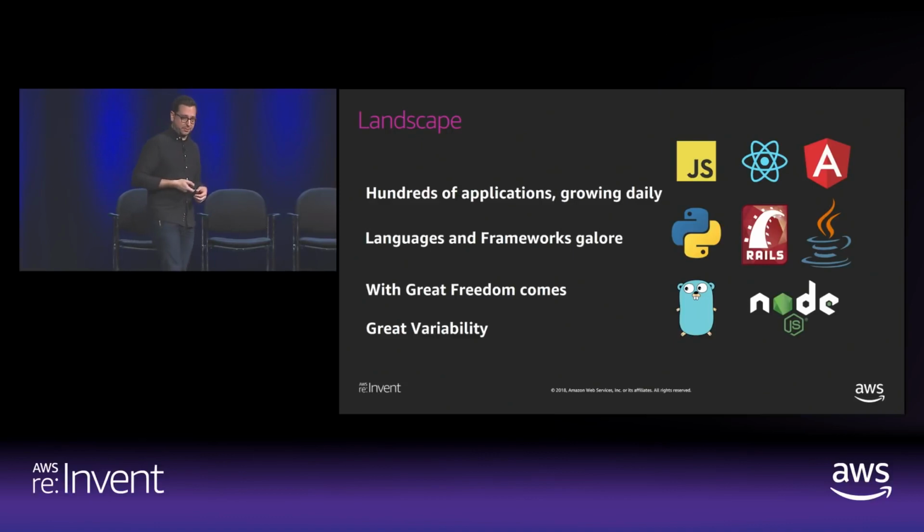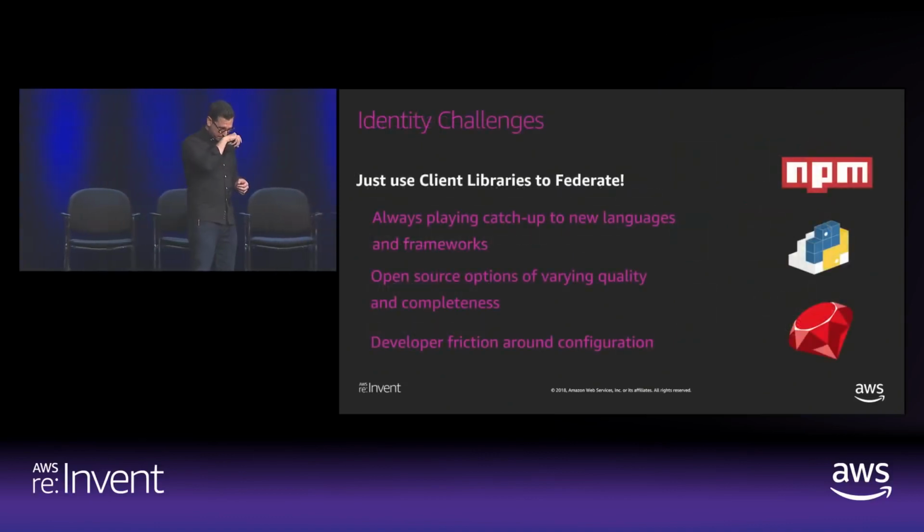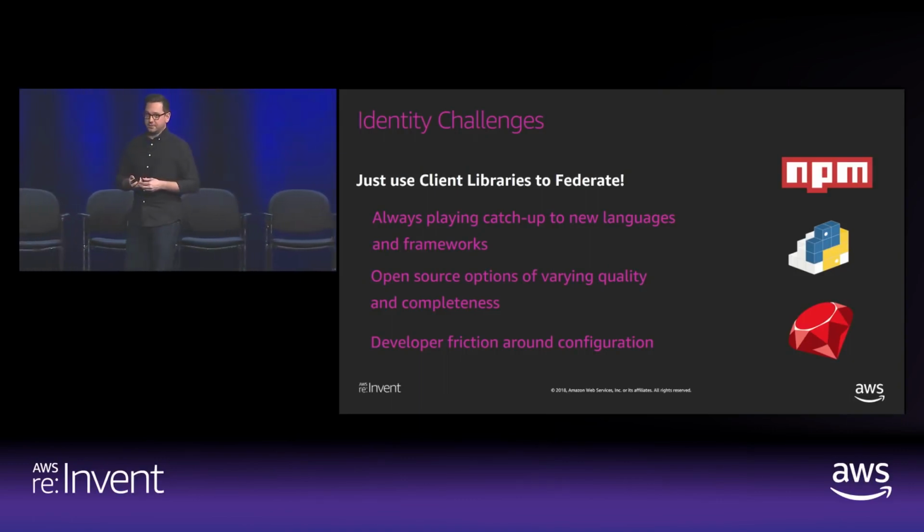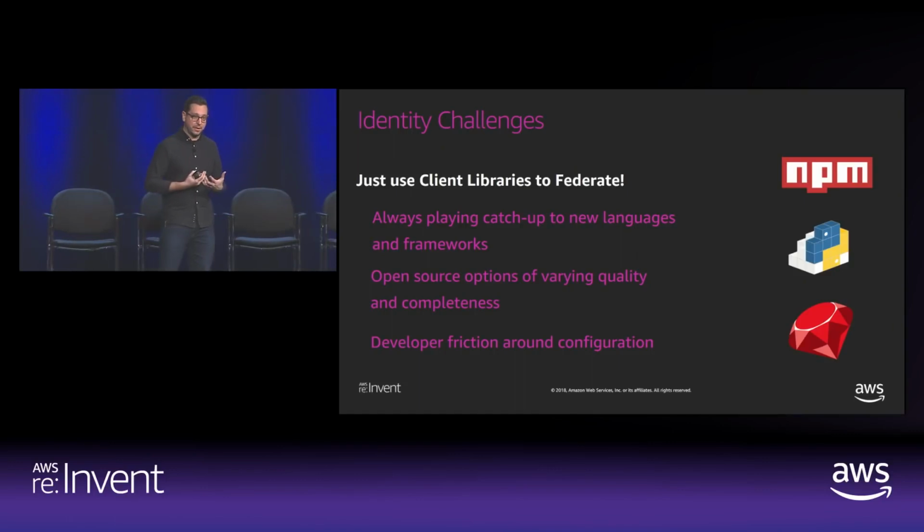So we need to find a good way for all of these different permutations and integrations to talk to us. So what are our options? There's some challenges there. The first obvious option would be to just use client libraries for everything. And that works. You can do that. If you have a handful of frameworks and application languages, if you have a small number of individual applications. Managing and succeeding with a broad ecosystem of applications gets more challenging, however.